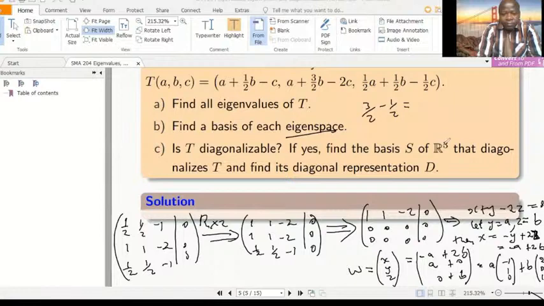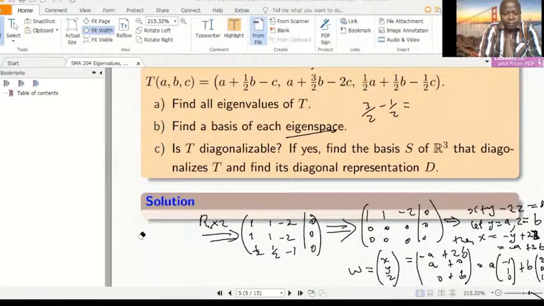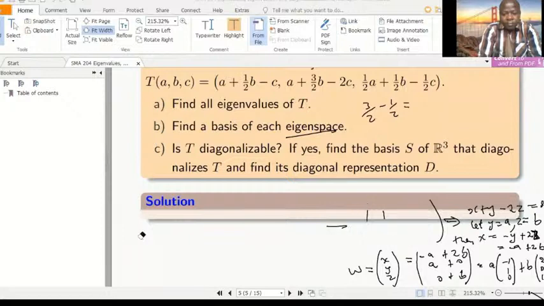Now, what was the question? The question was to find the basis for each eigenspace. So it's from this W that we get the answer to that question.